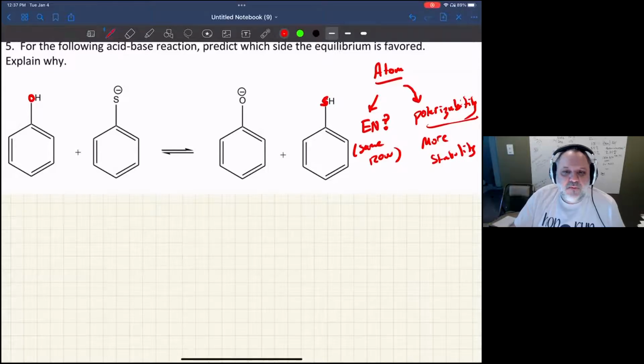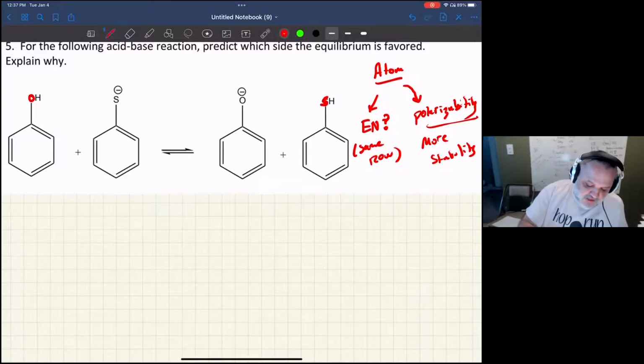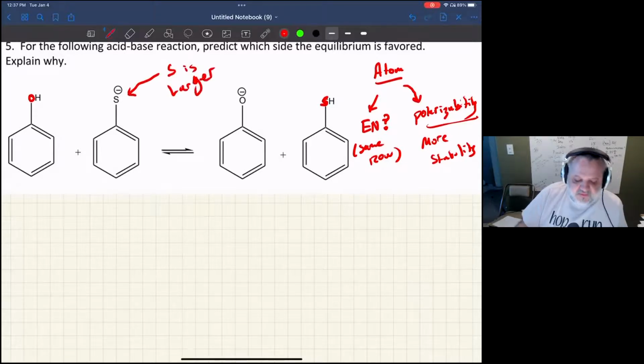Well, what makes an atom more polarizable? If you think back to our previous chapter, we thought about intermolecular forces and physical properties, and we decided that a larger molecule has more polarizability than a smaller molecule, and that would lead to larger instantaneous dipole moments. Well, the same idea applies here. A larger atom will be more polarizable than a smaller atom, and therefore the negative charge on that larger atom will be more stable. And so in this case, we have sulfur, and sulfur is larger than oxygen.